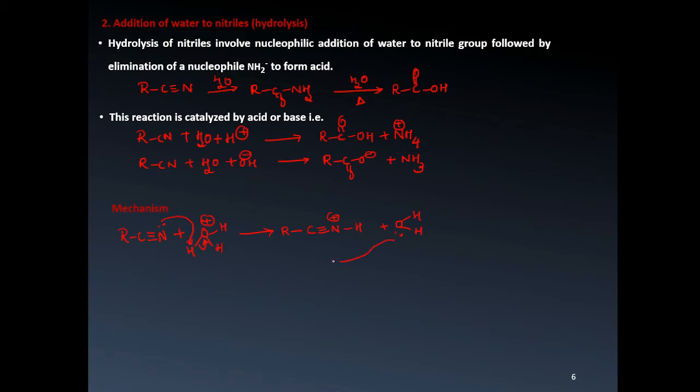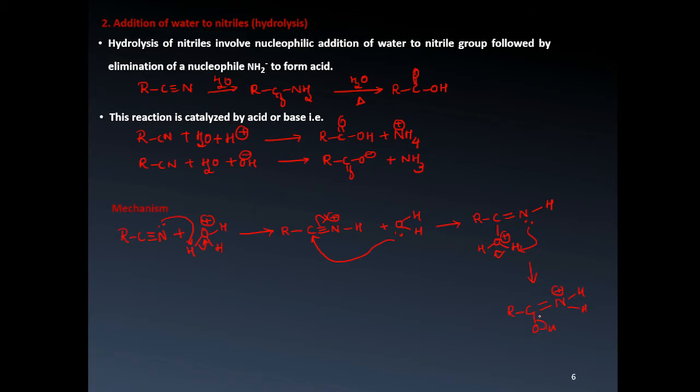Here the lone pair of oxygen will come and attack this carbon and neutralize the positive charge on nitrogen. So formation of RC=NH and this is OH with H. Here oxygen carries positive charge. The lone pair of nitrogen will abstract this proton to neutralize the positive charge on oxygen. So next, here RC(OH)NH2, nitrogen again carries positive charge.